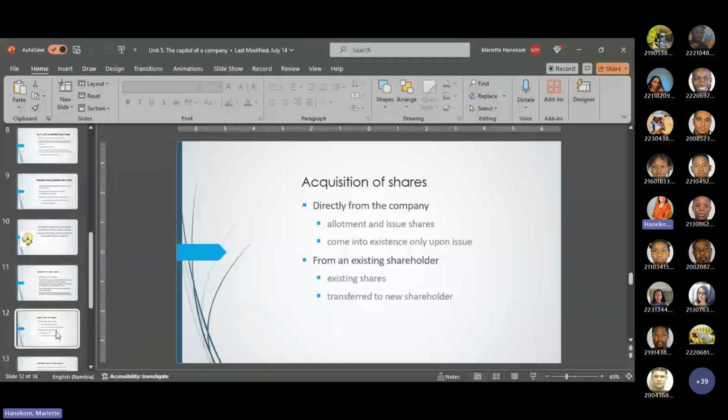However, if I want to give my shares to Nathan, I'm allowed to do that. That is a contract between me and Nathan. So we enter into an agreement that he will obtain my shares, and those shares are then transferred to him. So those are the two manners in which you can acquire shares, either directly from the company by way of allotment or issue, or from an existing shareholder, existing shares, which are then transferred to you.